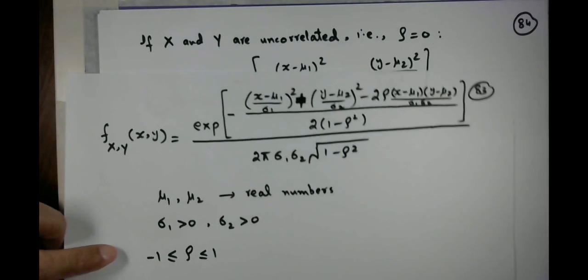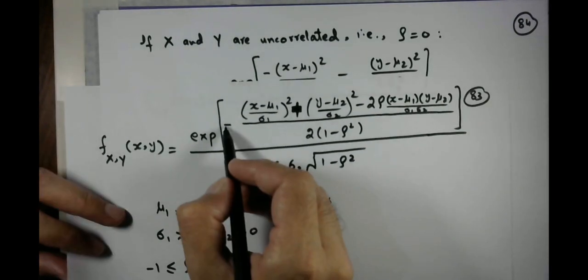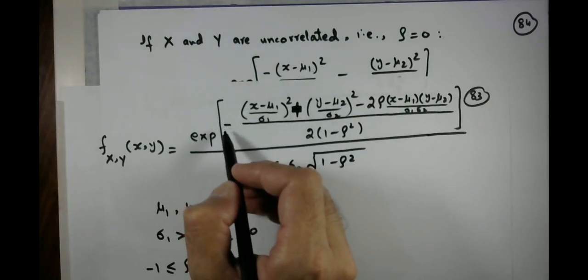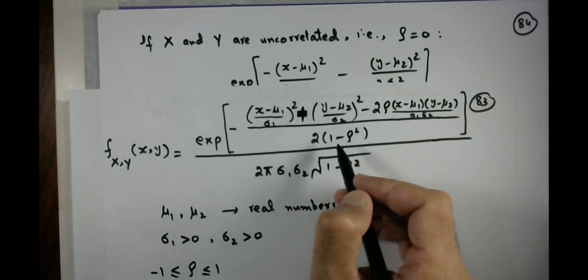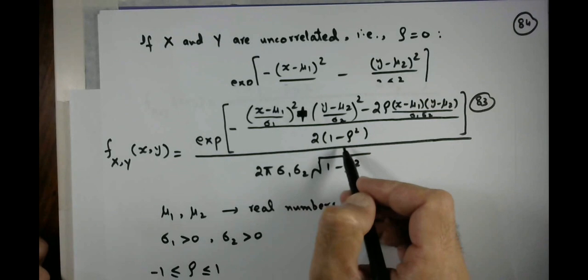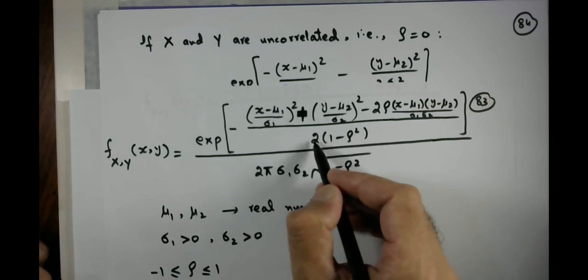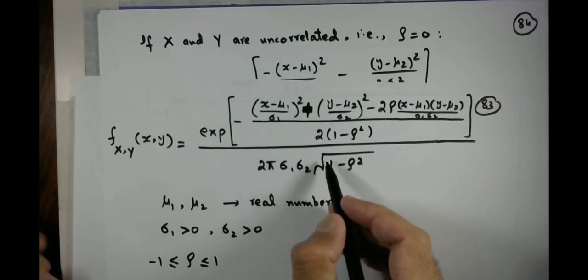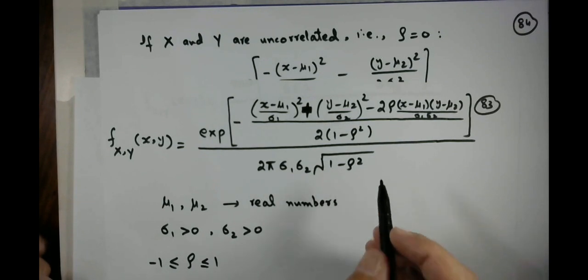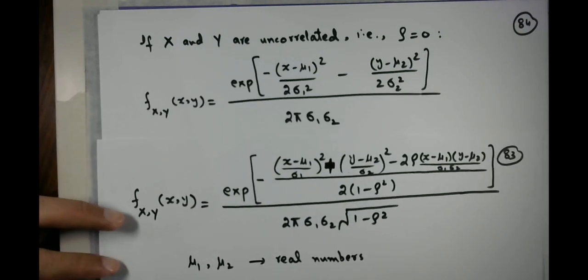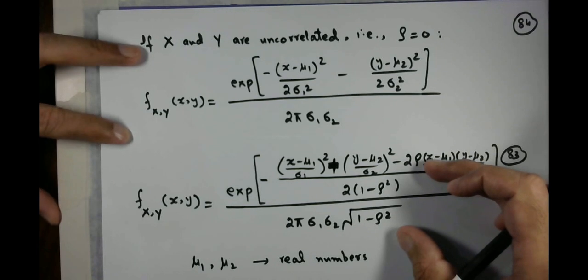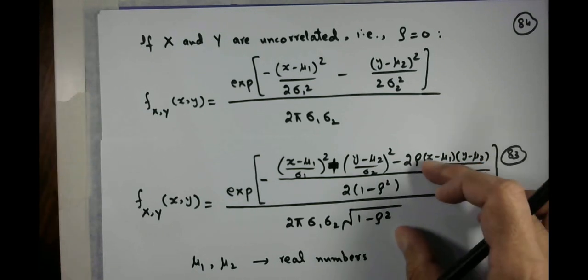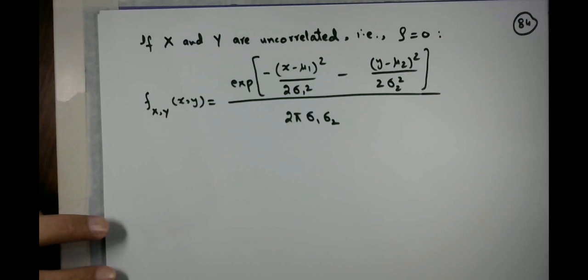So what we have done is we have distributed this negative sign on both of these. This is already 0. This all becomes 2 because this is 2 times 1 minus 0, and this term also becomes 1. So effectively this expression turns into this expression. You should work this out at home.